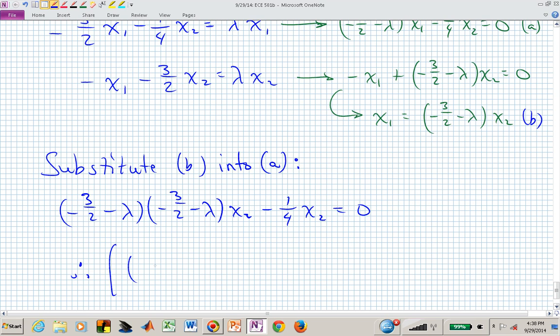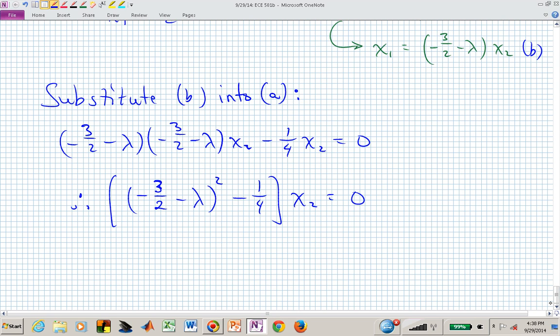Or we now have minus 3 halves minus lambda squared minus 1/4 times x sub 2 equal to 0. And we want to find, are there values of lambda that will allow this equation to be true? And if there are, then that lambda or those lambdas will be eigenvalues.